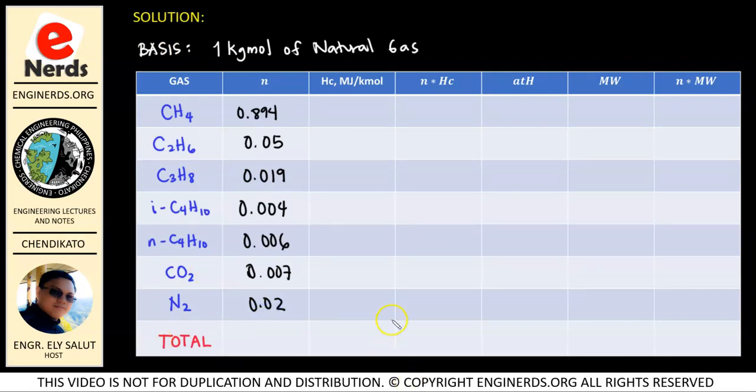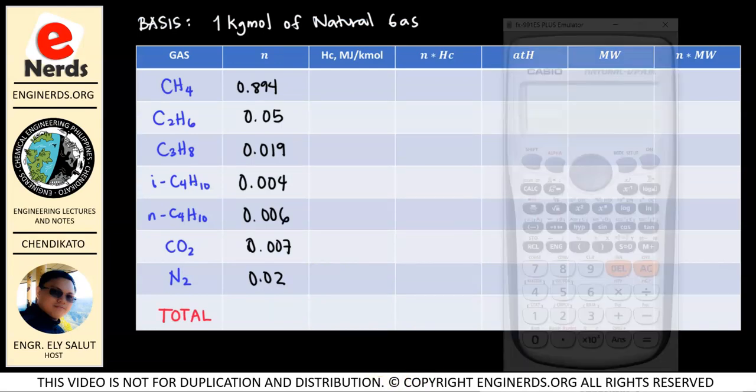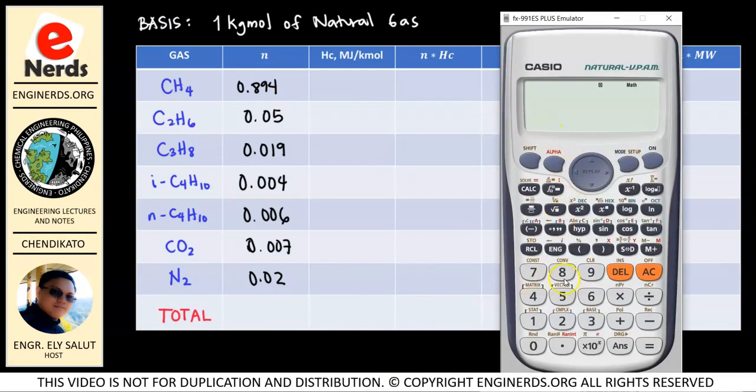Now, to be sure kung tama ba itong mga naisulat natin, just to counter check, baka nagkamali tayo ng pagkakasulat, we should add all of this and dapat this will be equal to 1 kilogram mole. So, it's not necessary, but we will just do it to make sure na wala tayong mali dito bago tayo magsimula.